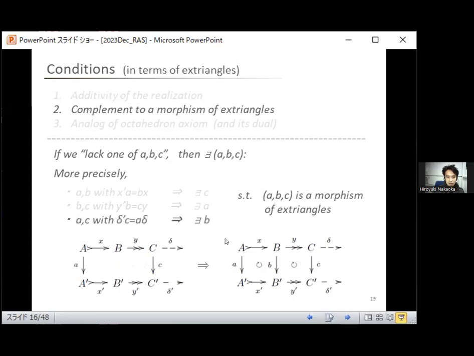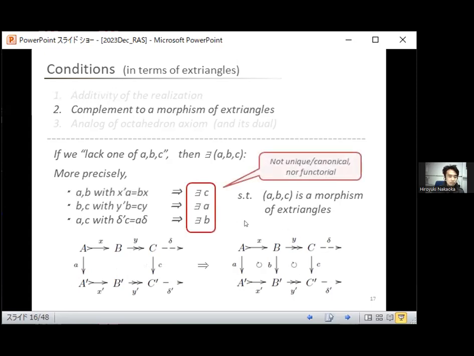And lastly, if we are given a pair A, C which is a morphism of extensions, then there is some morphism B in the middle which forms a morphism of X triangles. And as in the case of triangulated categories, these completions are not unique nor functorial, so there doesn't exist any canonical choice. So this is the second condition.